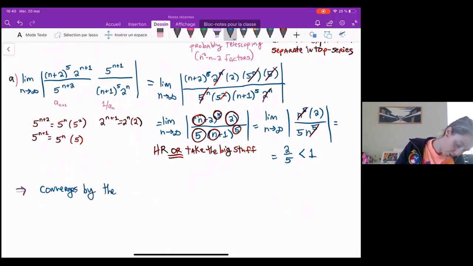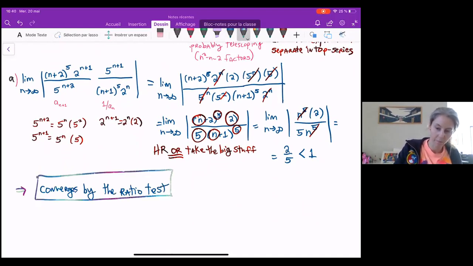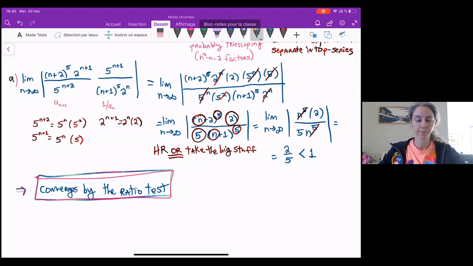by the ratio test. And can I find the sum? Can I find the sum here? The only time I'm able to find the sum is if it's telescoping or geometric. So here we can say, this is not telescoping or geometric.